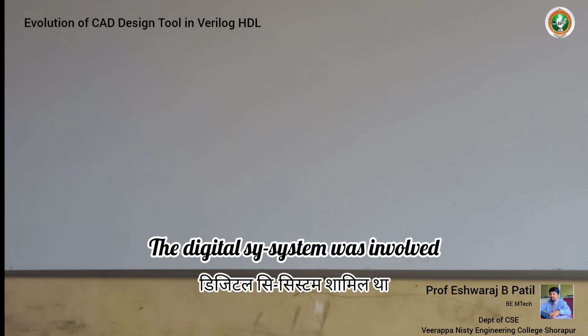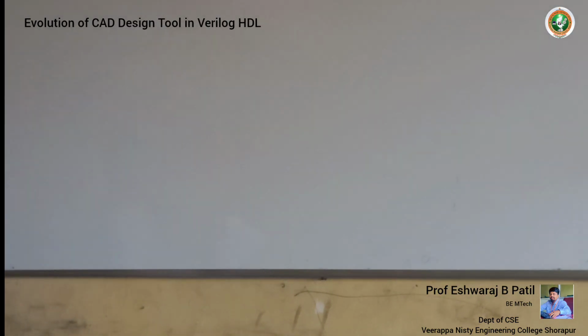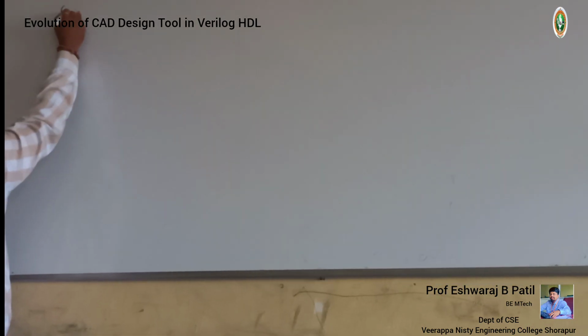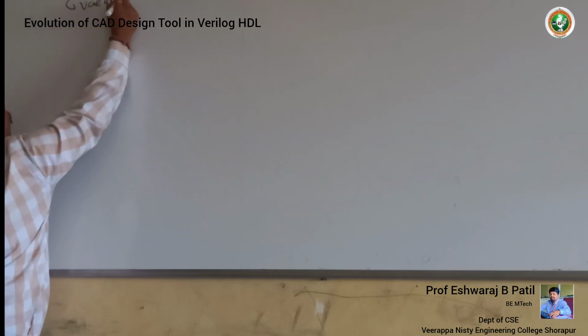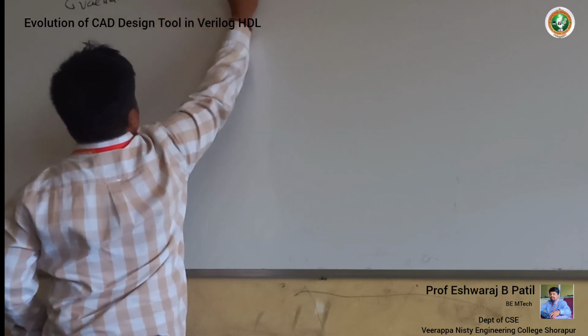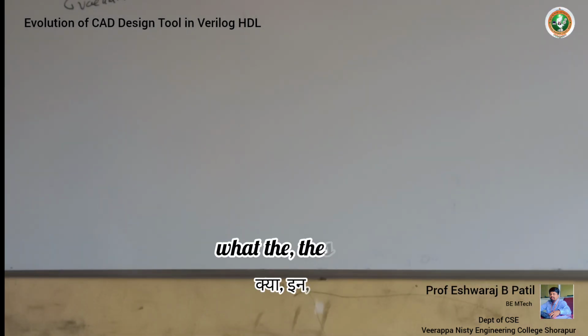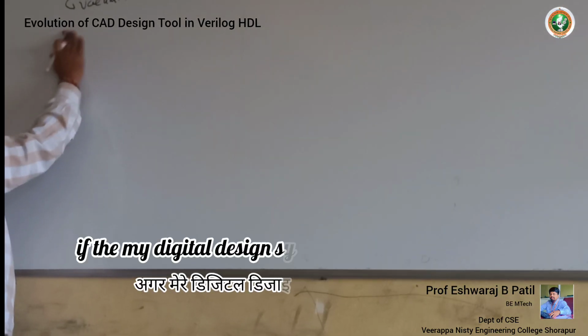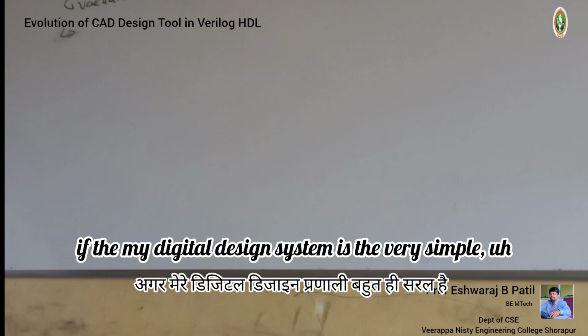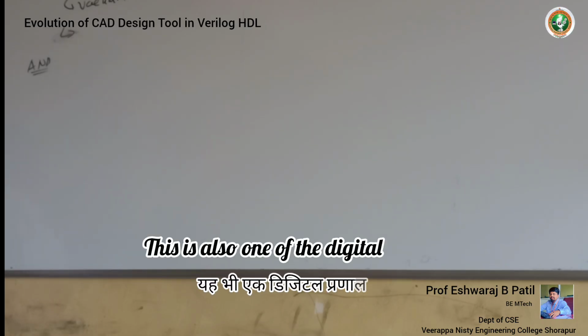The digital systems evolved, and earliest digital systems were designed with the help of vacuum tubes and transistors. Usually digital systems were designed with the help of these vacuum tubes and transistors. A very simple digital system is, for example, an AND gate, which is also a digital system.